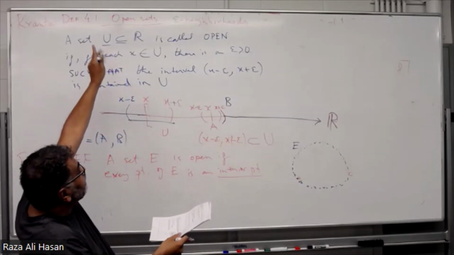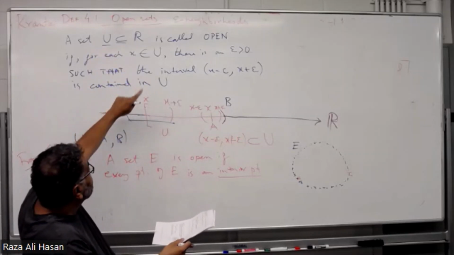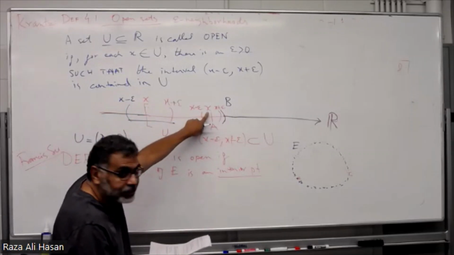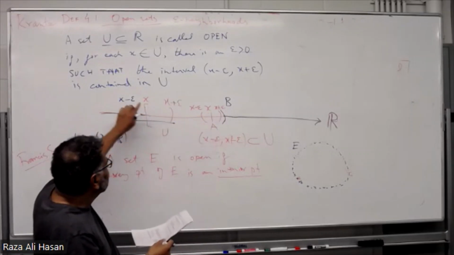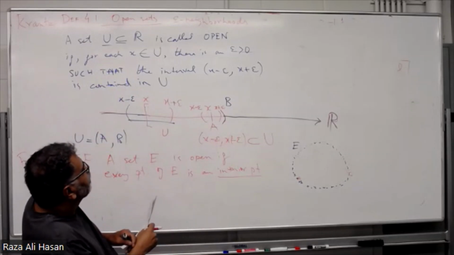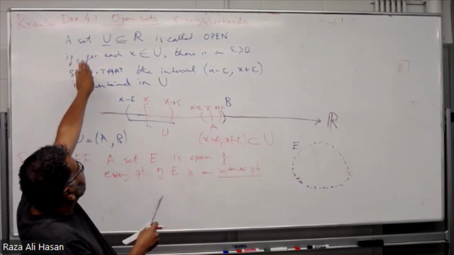What this definition is saying is that this X is an interior point. So in other words, we could have rewritten this.